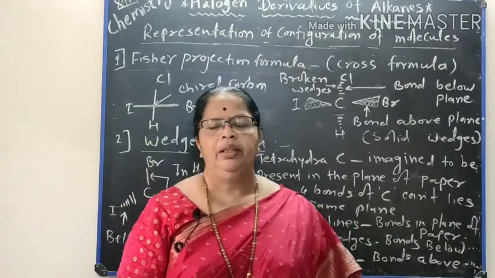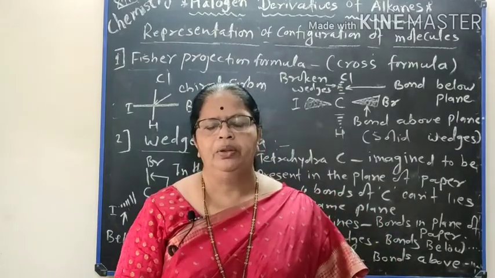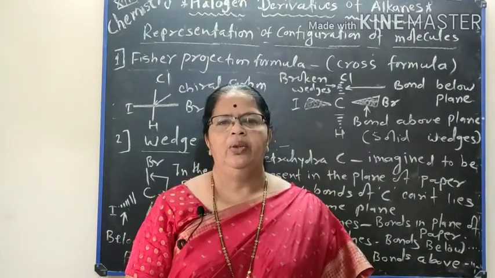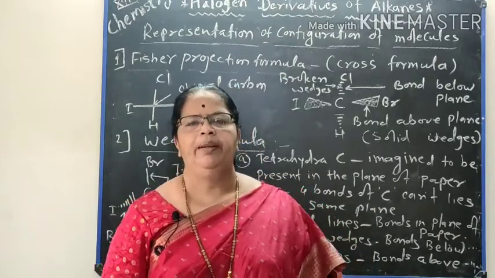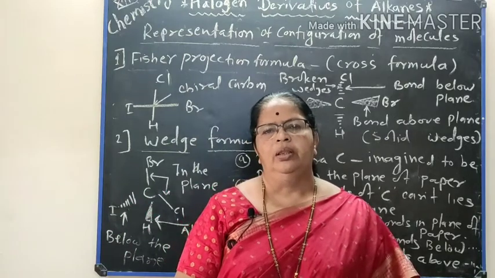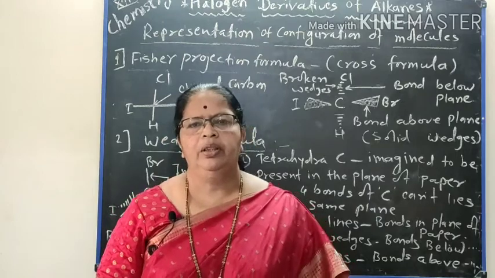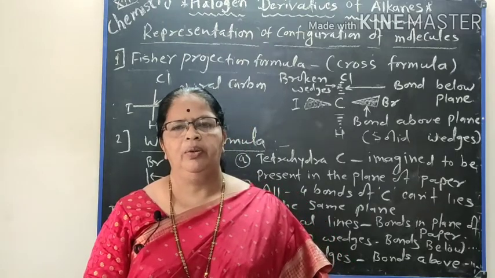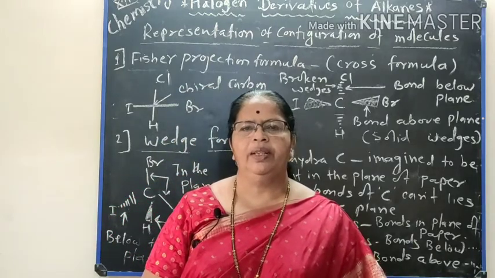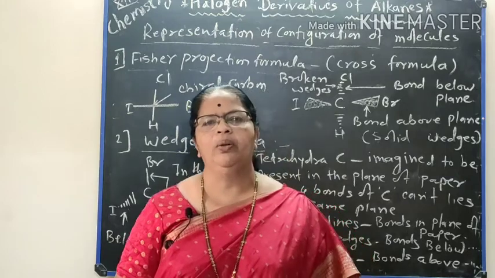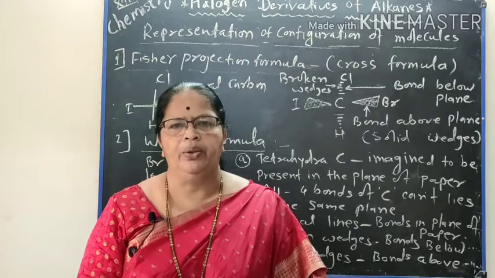We will see today the chemistry subject, and in previous videos we had seen halogen derivatives of alkane. From these halogen derivatives of alkane we had seen the introduction, classification of alkyl halide, the IUPAC nomenclature, common system and IUPAC system, and different preparation methods of alkyl halide, optical activity, and some nucleophilic substitution reaction mechanisms such as SN1 and SN2.